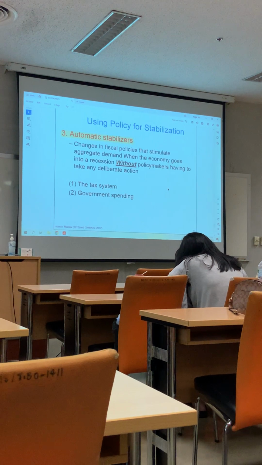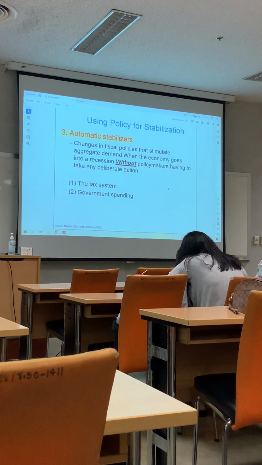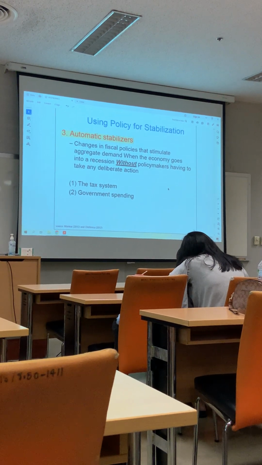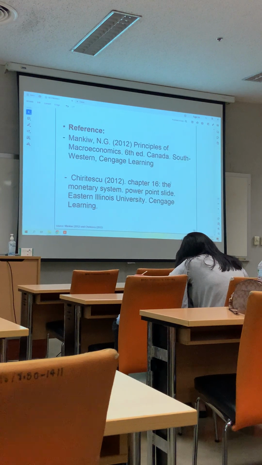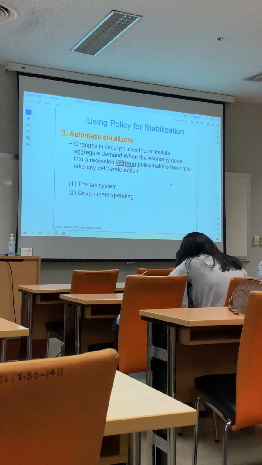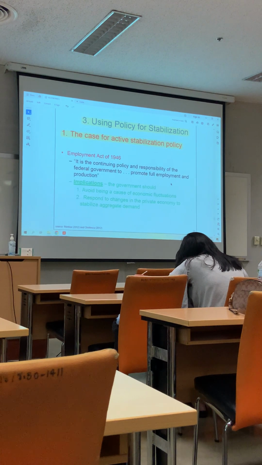If this system works, it can stabilize the economy by itself without any policy to stabilize. So we have three groups of ideas, and we just learned that and finish. Okay, now, let's see the first group.